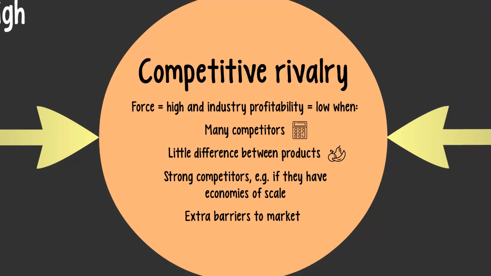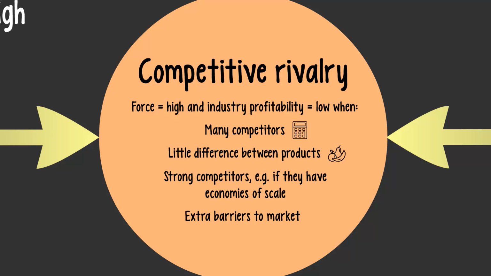If there are high costs to leaving a market, it's likely that competitors that would otherwise leave are going to stay because it costs too much to leave. And that goes back into our first point, which means there'll be more competitors in the market because they can't leave. And again, that's going to increase the force but reduce the profitability of that industry.